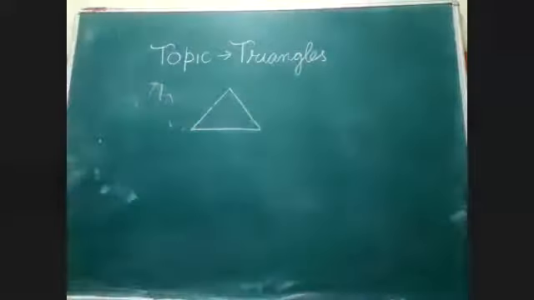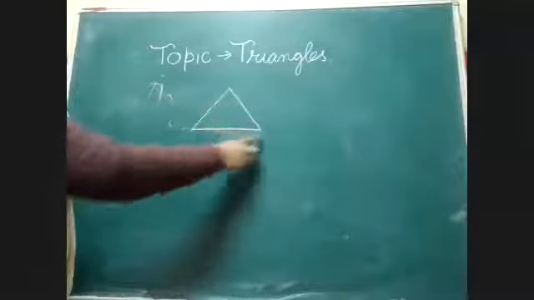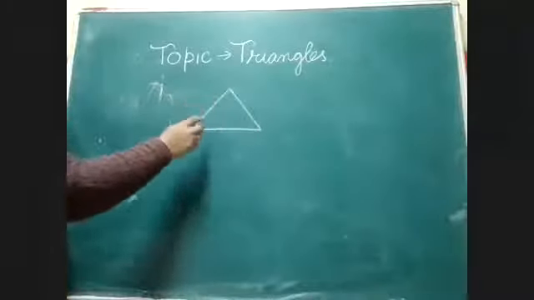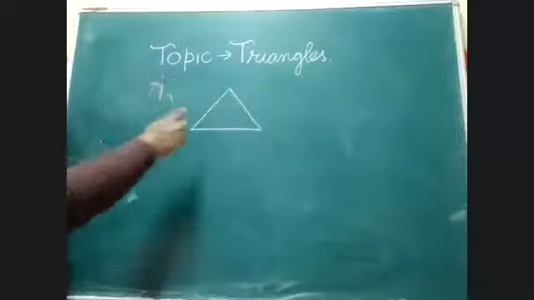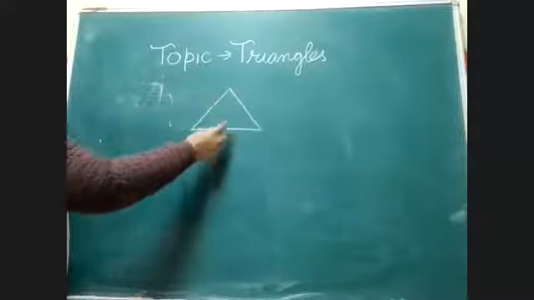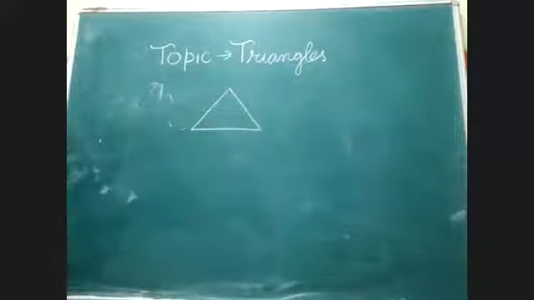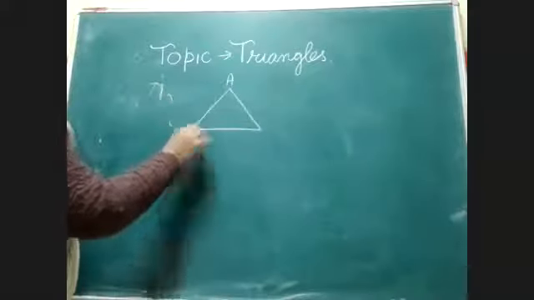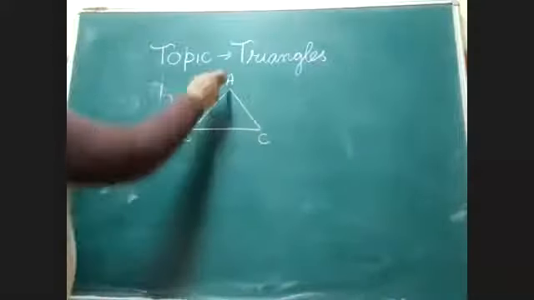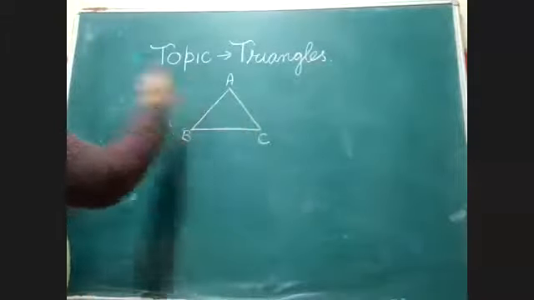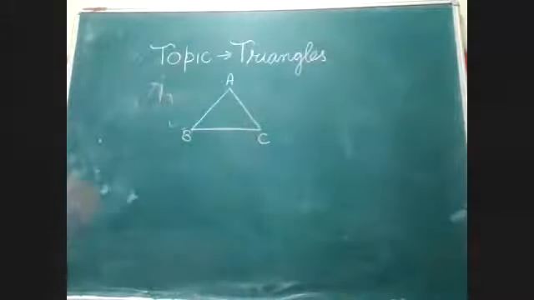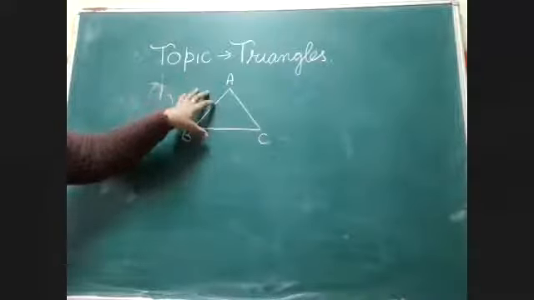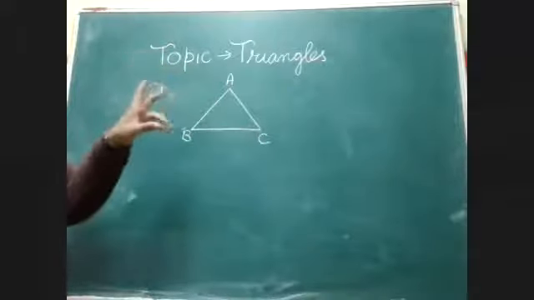You can see this is a closed figure, and this figure is made by joining three line segments: first, second, and third. Now name this triangle A, B, C. This is triangle ABC. A triangle is a closed figure bounded by three line segments.